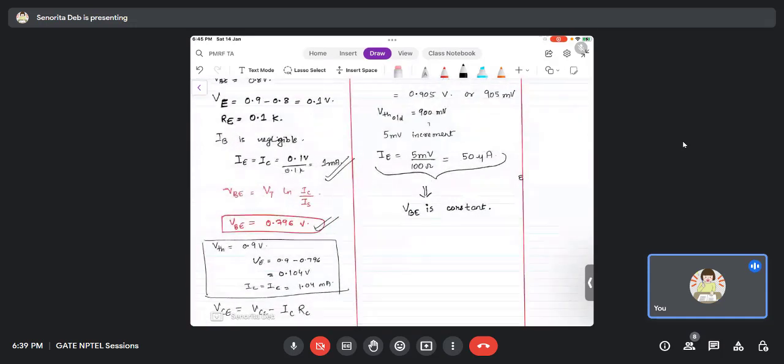So it was 1000 microamperes at first. IE was 1000 microamperes, IE old. Now IE new is 1050 microamperes.